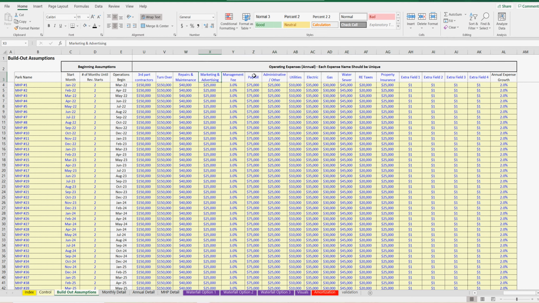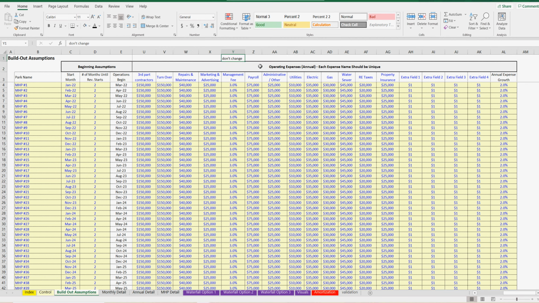You've also got expenses. What I have here, and you can change the names of these, is up to 17 expenses, and they could be whatever you plan on having. You're going to put the annual amounts in for each of these. The only thing that's unique about this is column Y is a management fee, which is a percentage of the gross revenue.